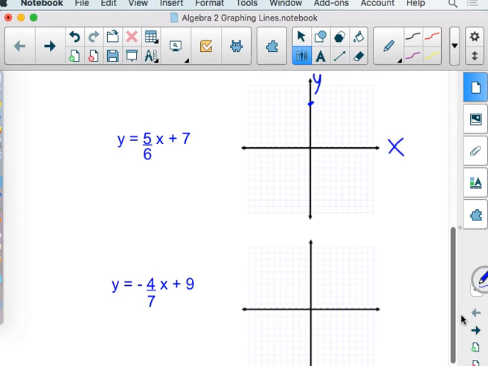I'm going to be off my graph. Yeah, you could use the slope backwards. You absolutely could. Or you could say, oh, I better go by 2s. But what you don't do is start making your own grid up there. You never do that on a test, ever. So we could go down 5, 1, 2, 3, 4, 5, and back 1, 2, 3, 4, 5, 6 to the left.